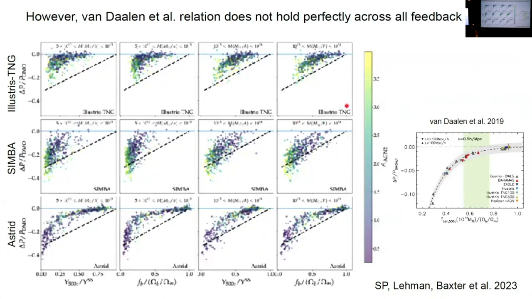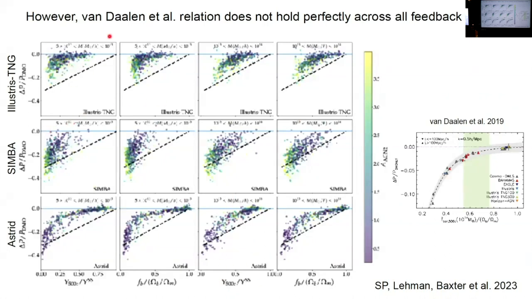This is the plot that you previously saw, but you can see that for the same halo masses, Simba and Astrid also have a similarly tight relation, although for Simba it's more uncertain. And in the third column is using Y500 for similar things. So you can see that both of these show a similar tight relation between delta P over P and the astrophysical quantity.